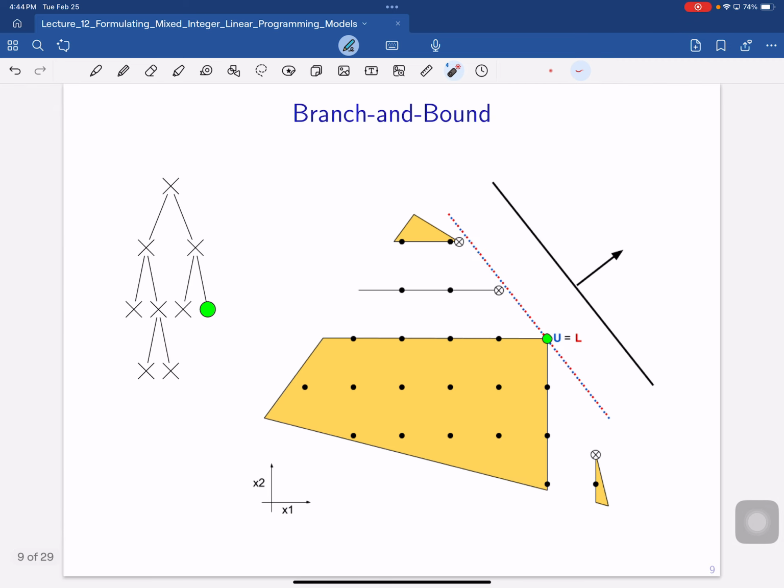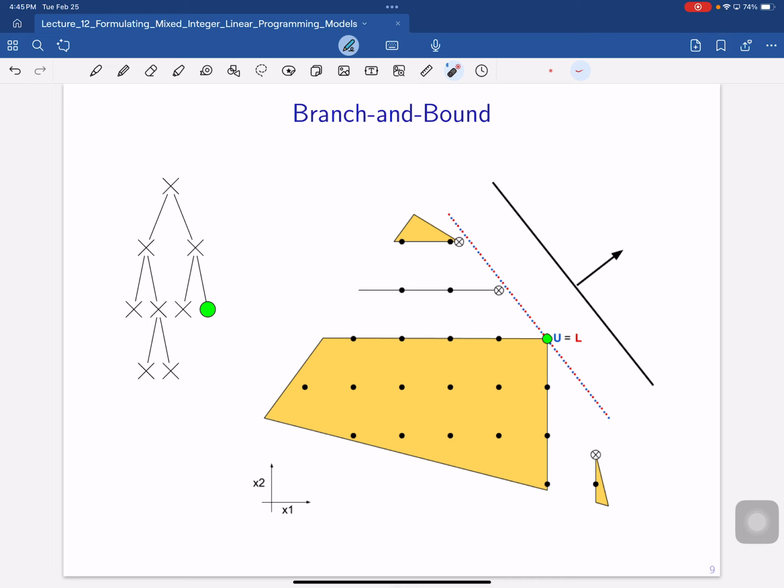Any questions regarding the high-level idea? I didn't even show you the pseudocode because I will show you pseudocode when we talk about branch and bound. Here, this is just a geometric intuition. Because you cannot satisfy the integrality constraint, you do one operation called branching.